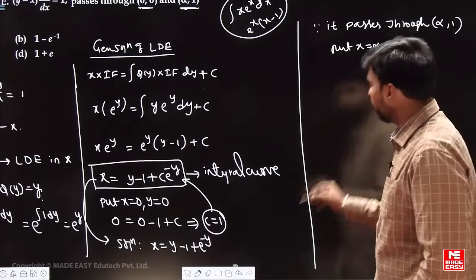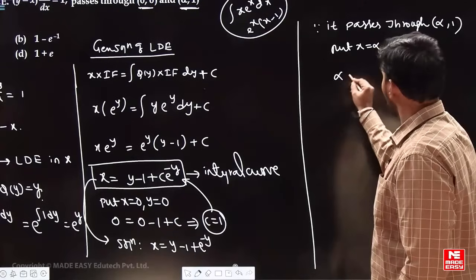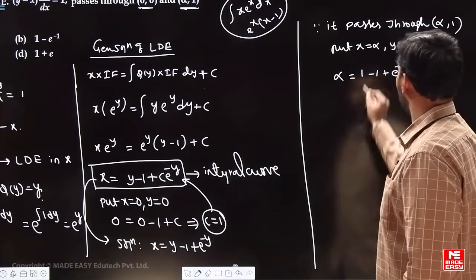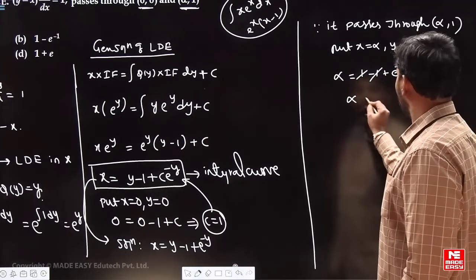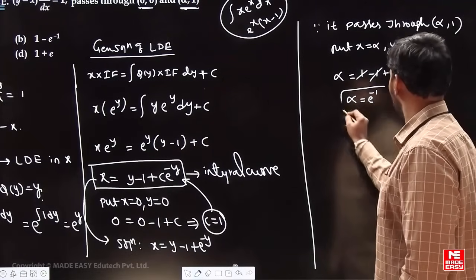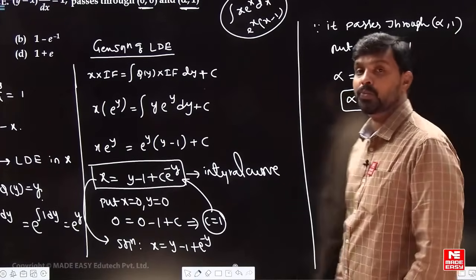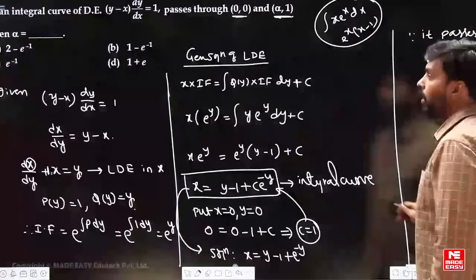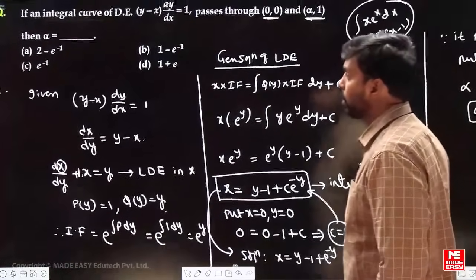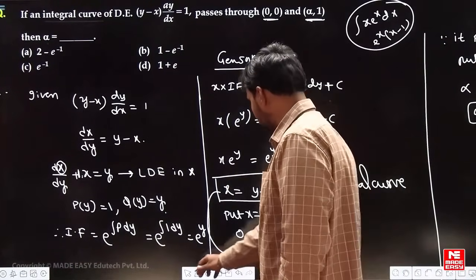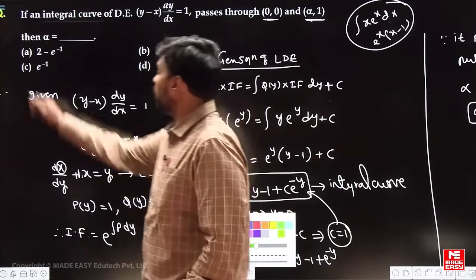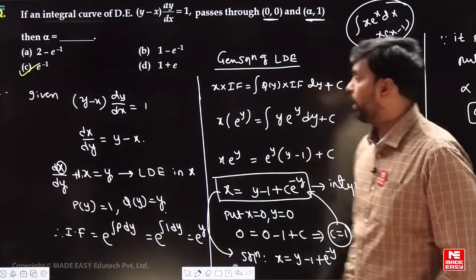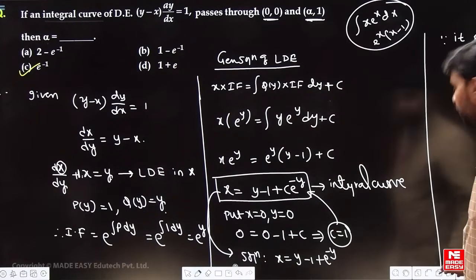Then you get alpha equals 1 minus 1 plus e power minus 1, and the 1 and 1 get cancelled. The answer is alpha equals e power minus 1. So this is how you use the linear differential equation concept and get the answer. So the answer is e to the power of minus 1. Yes, so good question it is.